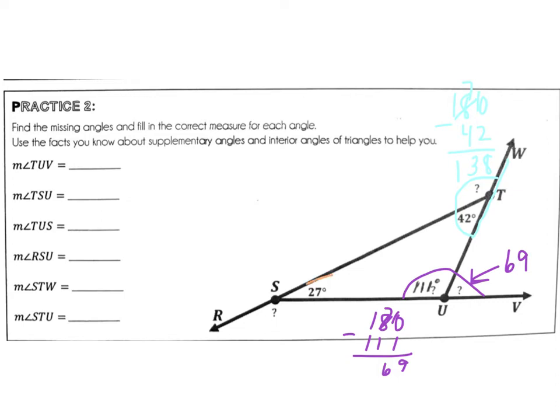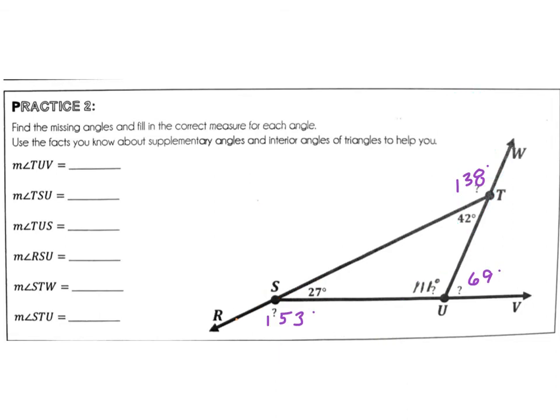And the last one, here's another pair of supplementary angles. 27 plus this question mark would give us 180. So I would do 180 minus 27. And that gives us 153 for this unknown measure here. So fill in the question marks first before we name the angles.